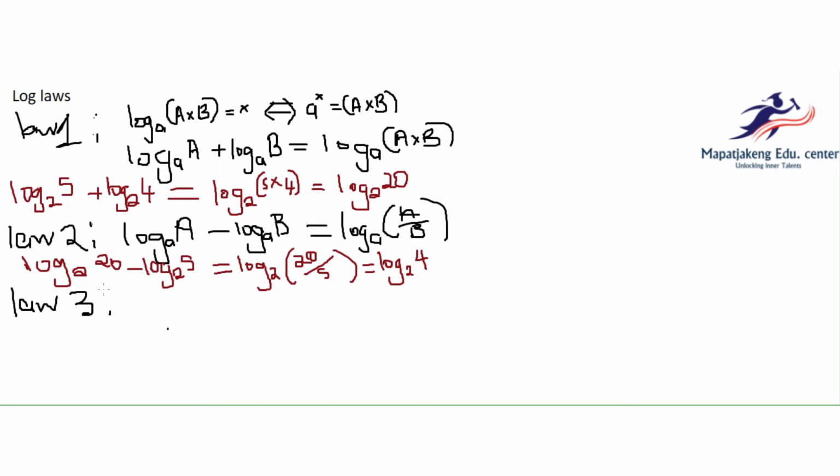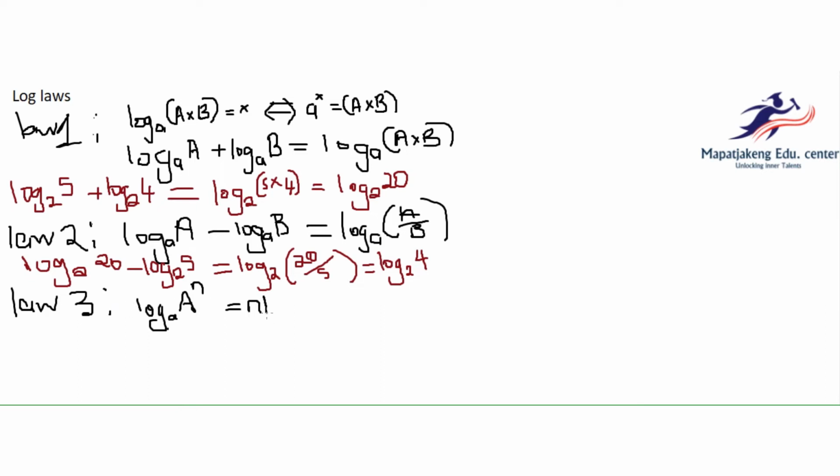The third law says: if you have a log with base a and here you have a power that has an exponent, let's say an exponent n, then all that will happen is that this exponent will no longer be an exponent but become a coefficient.